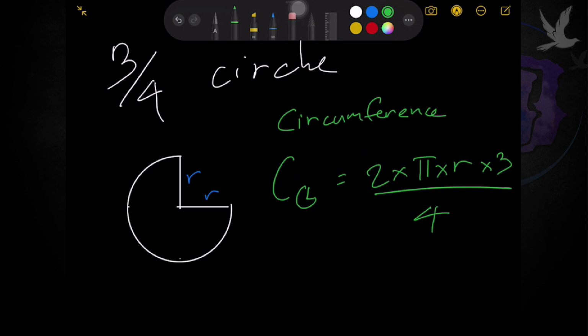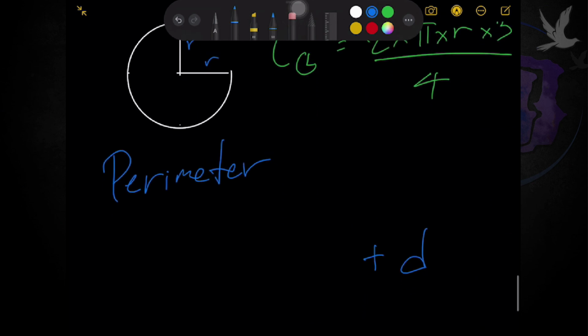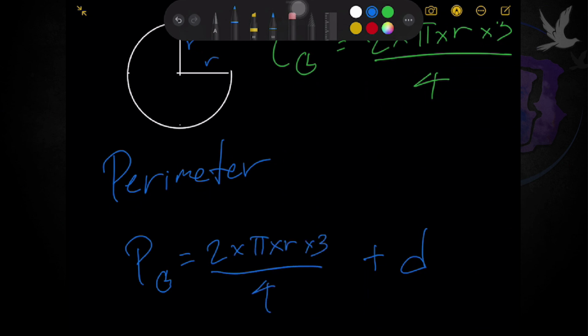Okay? Ganun lang. Pero pagdating sa perimeter, you have guessed it right. Exactly the same thing. Perimeter of this 3/4 circle is equivalent to 2 times pi times r times 3 divided by 4.